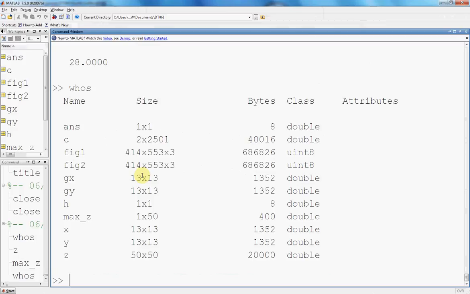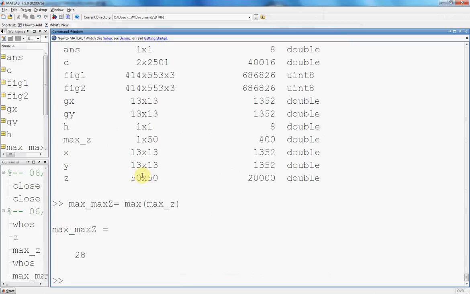Max Z is a 1 by 50, and then I say max Z equals max of max Z. That's going to give me the max of that 1 by 50, and I get 28 like I did before.